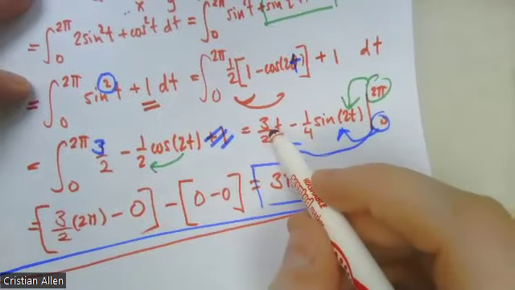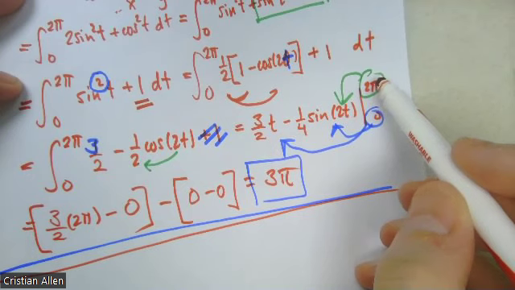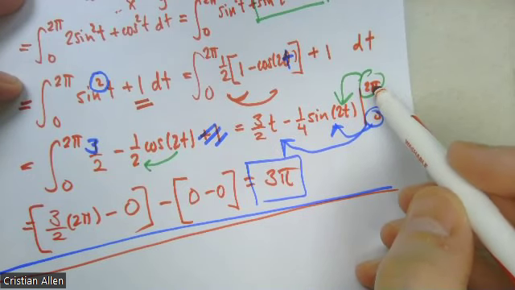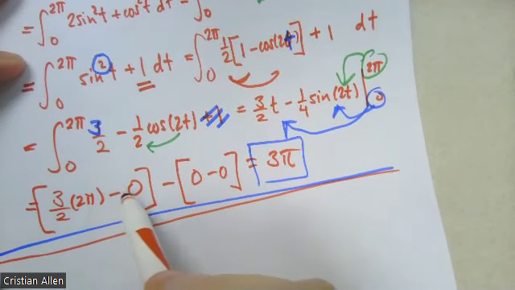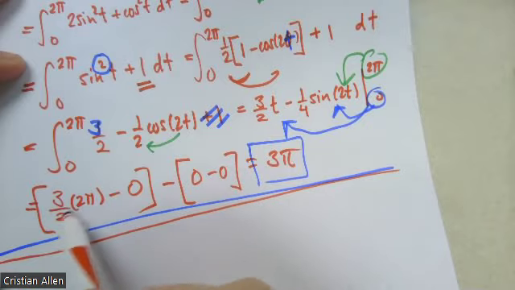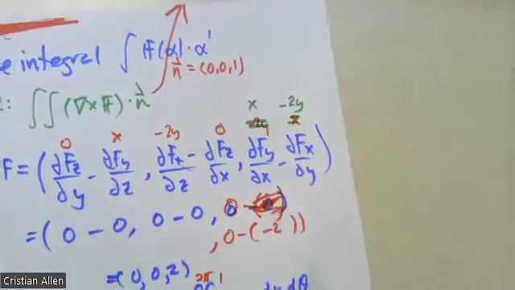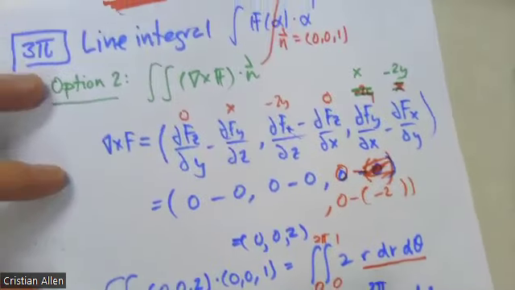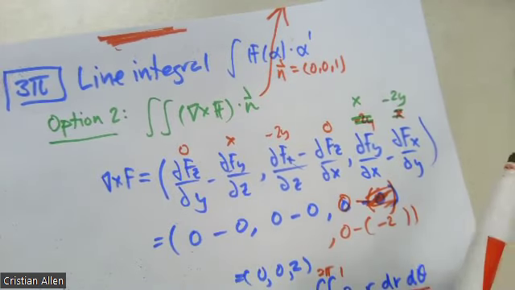We did 3/2 t minus 1/4 sine 2t. Good. Then we plugged in 2 pi. Let's be careful here. No, that looks fine. This is good, guys. I'm getting slightly worried, but this is good.